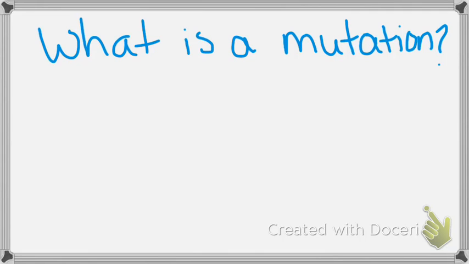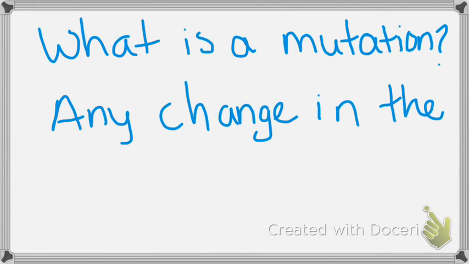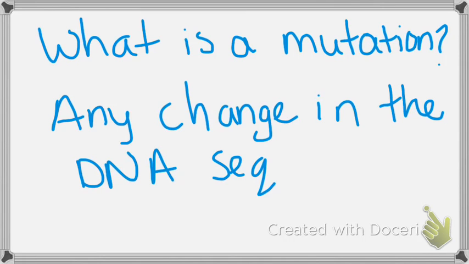In reality, a mutation simply is any change in the DNA sequence. So when we are changing the DNA, whether we're changing the chromosome or the genes, we are causing a mutation. A mutation has occurred.